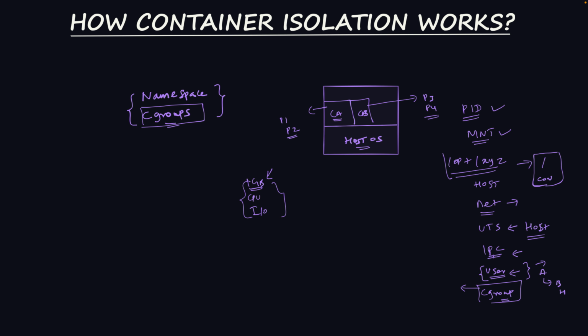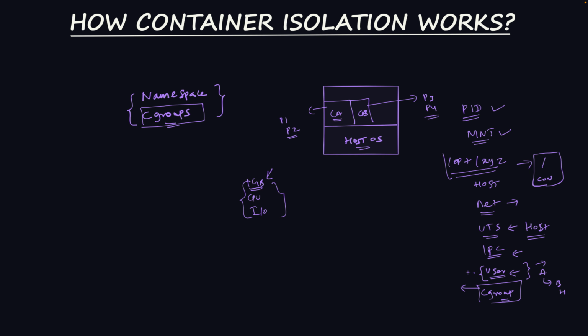So if we go back, we have process level isolation using the PID namespace and file system level isolation using the mount namespace. Then we have the net namespace to provide the container's own network, the UTS namespace to define the host name for the container, and the IPC namespace to enable interprocess communication among the processes within a container, but at the same time restrict them from accessing any shared memory or message queues to communicate with other processes in the host operating system or in other containers.